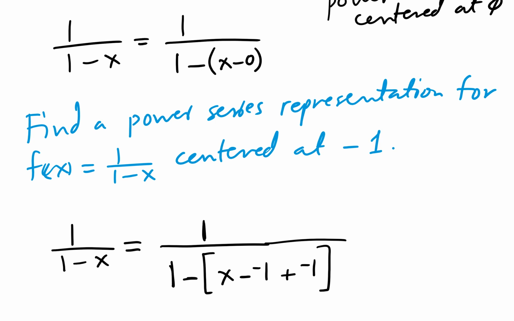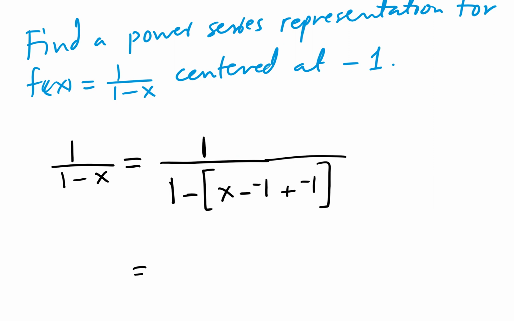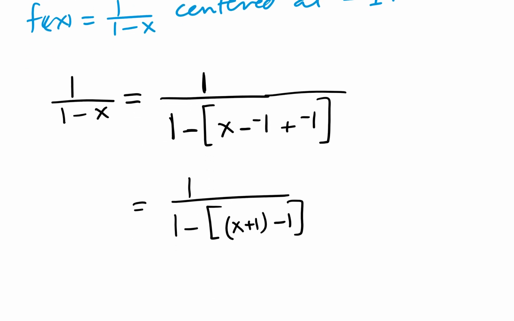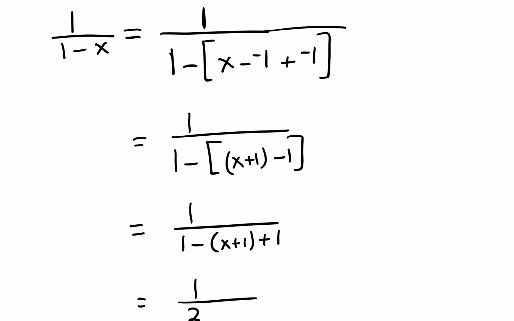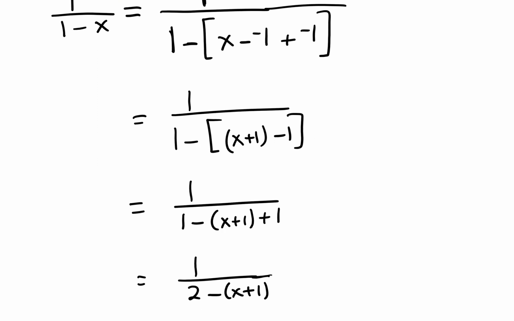You subtract and add the same number. So this can be rewritten as 1 minus x plus 1 stays the same, minus 1. Then multiply the negative into x plus 1, plus 1. So that makes it 1 over 2 minus x plus 1. Our r is x plus 1 maybe, but wait a minute, how do we know?